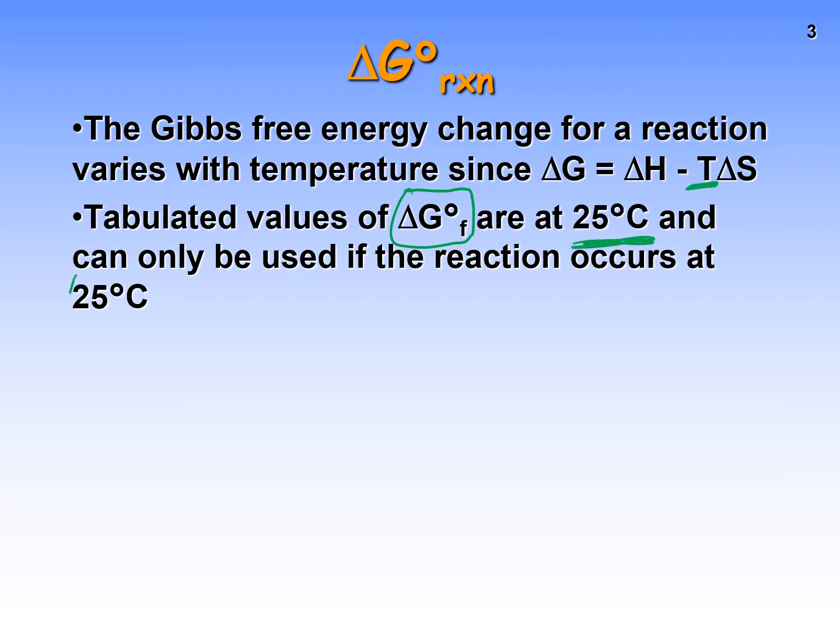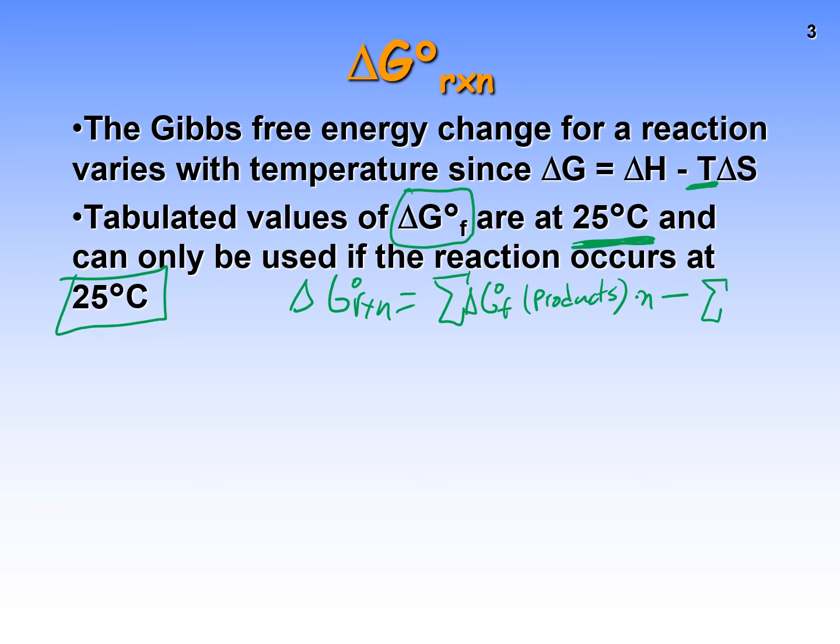If we want to calculate a delta G naught at 25, we can do the same thing we've done with the other values, delta H and delta S: the sum of our delta G naughts of formation of the products times n, minus the sum of the delta G naughts of formation of the reactants times n.